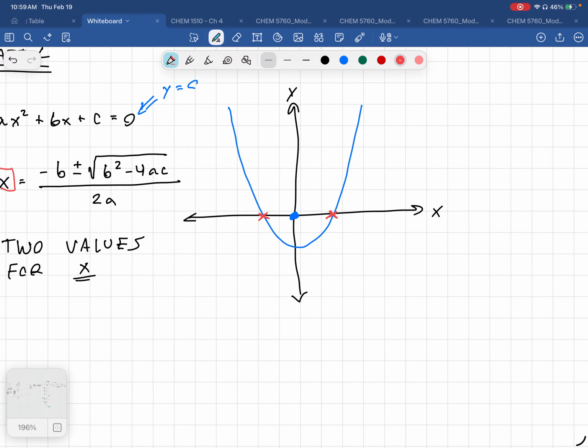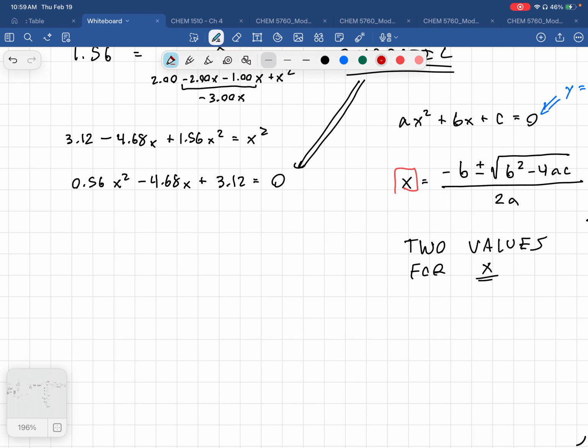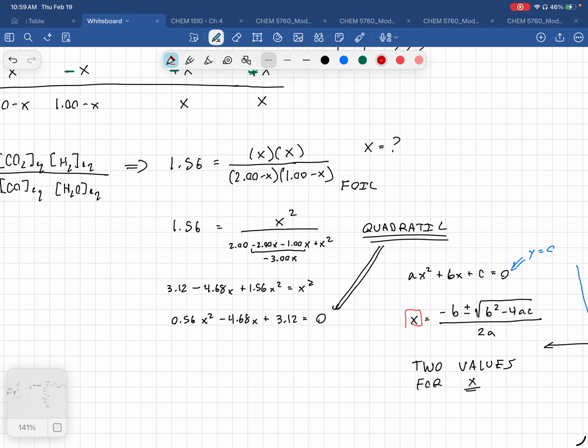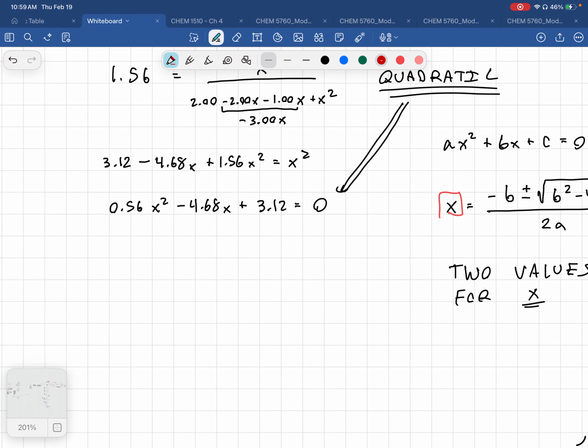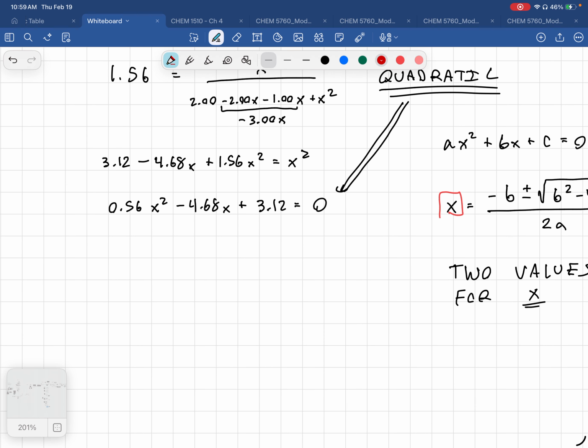So we could have a parabola like this where we get one positive answer and one negative answer. Or let's say our parabola is over here, and we solve for those intercepts. We could have x as a big answer and x as a small answer. But the point is you get two values for x. And because we're dealing with reality, not just math, one of those x answers is not going to make sense.